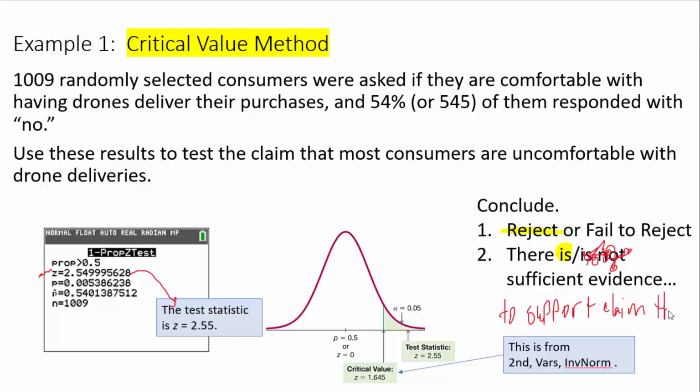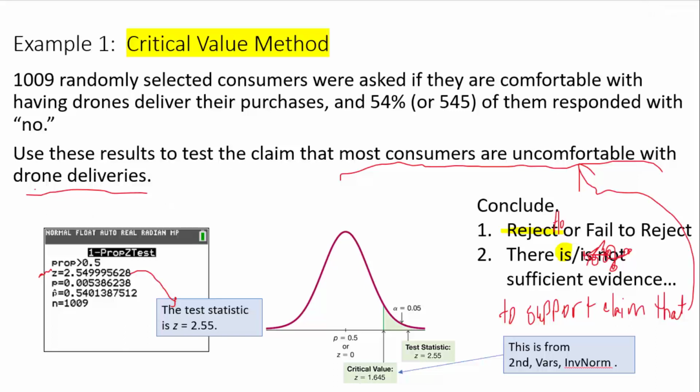Now you're always supposed to restate this claim, but I'm just going to kind of point back up here. What was our claim? That most consumers are uncomfortable with the drone deliveries. So we have rejected the null because there is sufficient evidence to support the claim that most consumers are uncomfortable with drone deliveries.